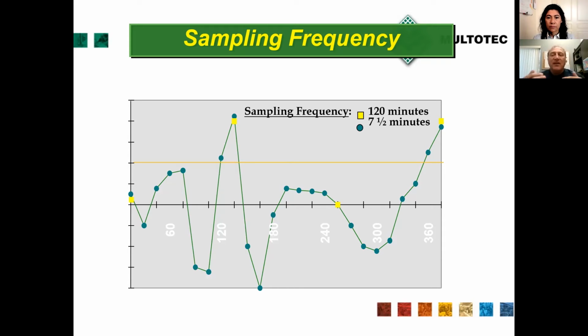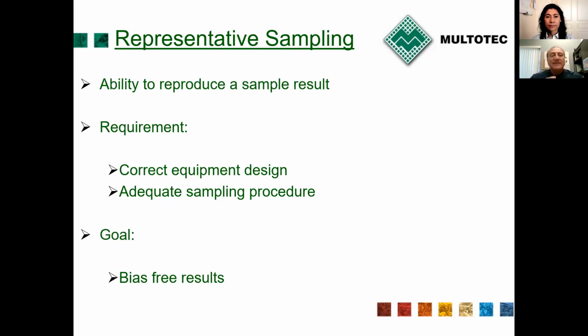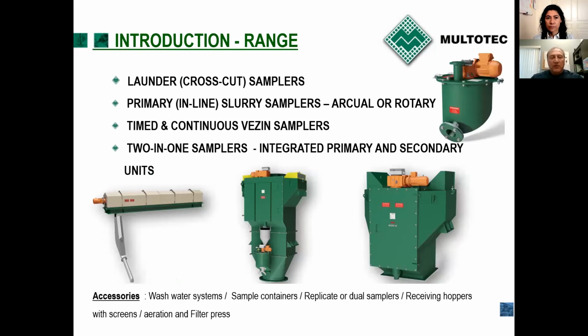By deviating from the true value, you're losing precision, and at the same time you're losing accuracy, because if sometimes you do it every 10 minutes, sometimes every 20 minutes, sometimes after an hour, you are not able to do any reproducibility whatsoever. To be able to do that, you need to use sampling equipment, and that equipment will give you the ability to reproduce the results, to be accurate, and to achieve the goal of not being biased. So that's what an equipment looks like.